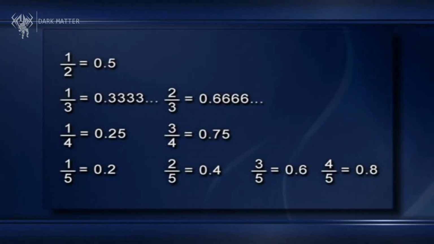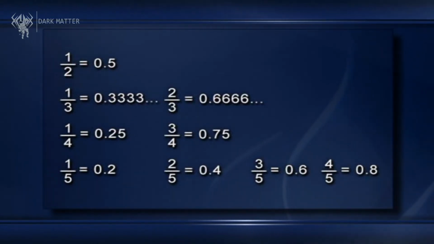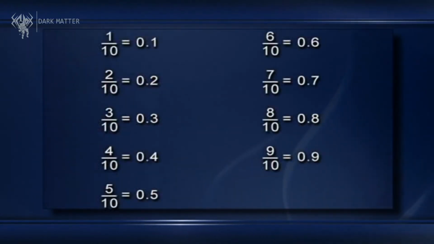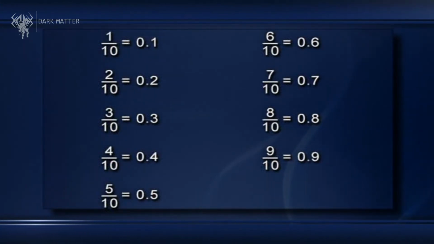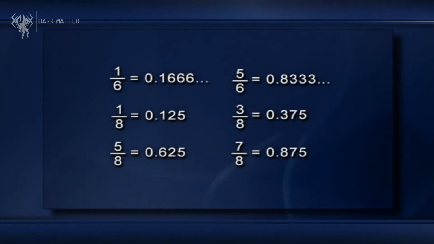I'll display them here. I didn't list 2/4 since it's the same as 1/2. Naturally, when the denominator is 10, the fractions are automatic. 1/10 is 0.1, 2/10 is 0.2, and so on. The fractions with denominator 6 and 8 are worth memorizing since they often arise in measurements.